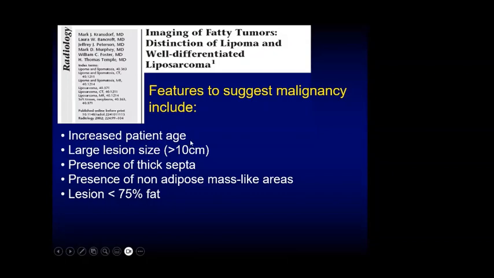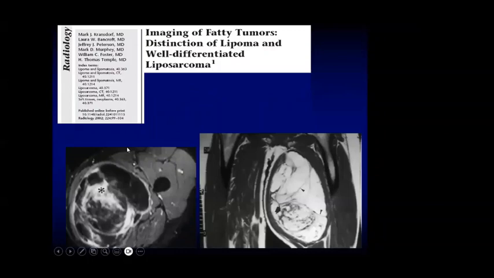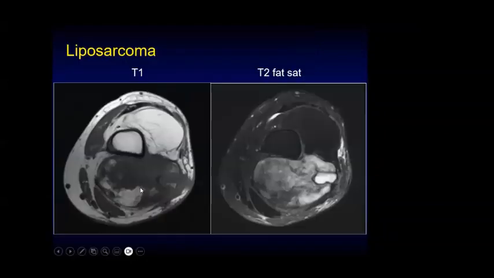If the patient is an older patient, then the lesion is most likely a low-grade liposarcoma. If the tumor is more than 10 centimeters, has thick septa within it, and if there is a non-adipose component. This is what we say about the non-adipose component. This is the adipose component, this is the non-adipose component.